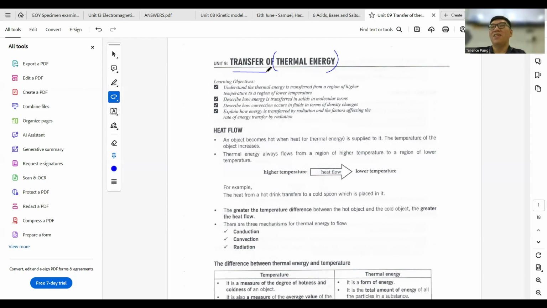So this is an introduction to transfer of thermal energy. It's a very straightforward topic, because if you can understand how this room works, then you can understand this topic. When I started the topic, I didn't mention anything from the notes.